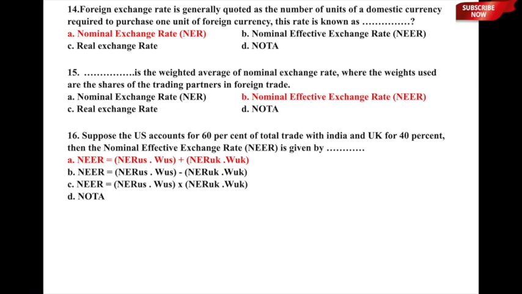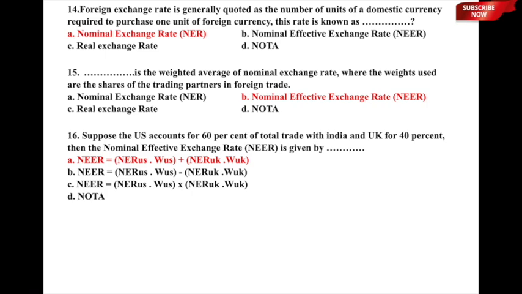So, here the foreign exchange rate, which is generally quoted as number of units of a domestic currency which an individual or institution has to pay in order to purchase 1 unit of foreign currency, is usually called the nominal exchange rate, and therefore option A, nominal exchange rate, is the correct answer to this particular question. Very important concept in terms of exchange rates.